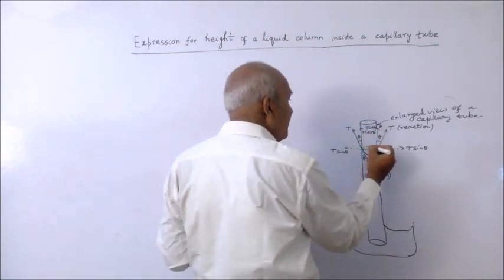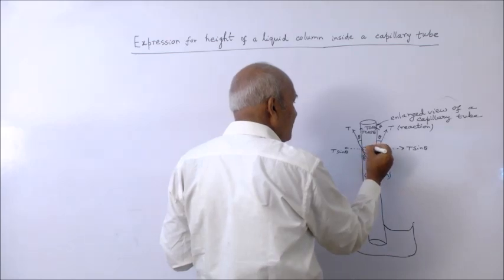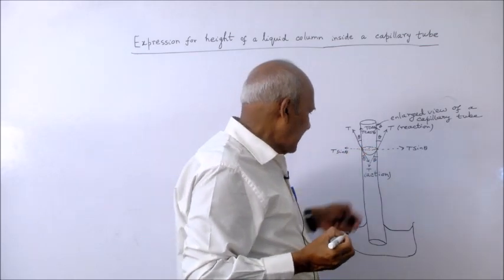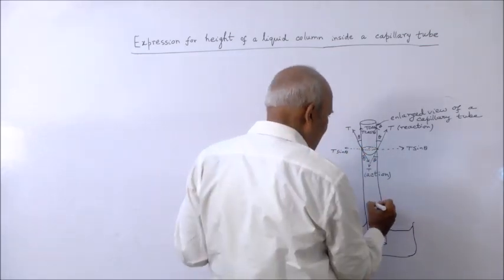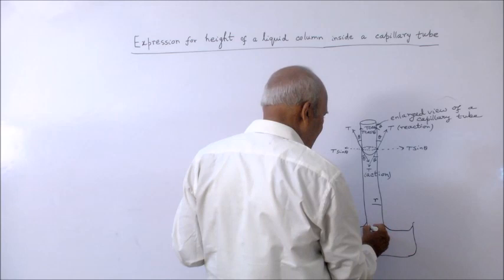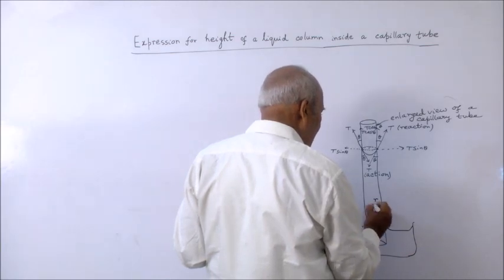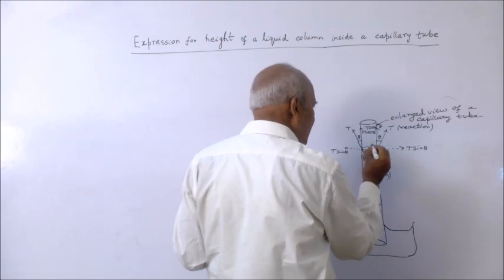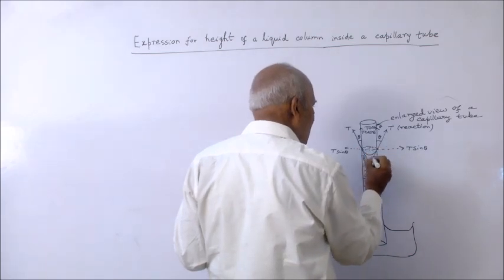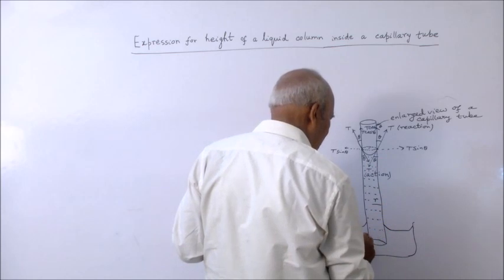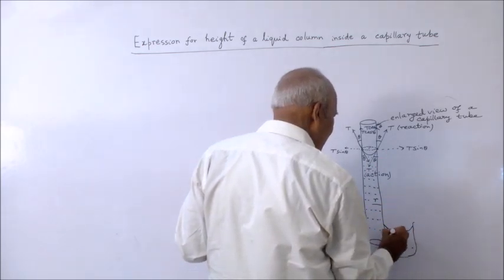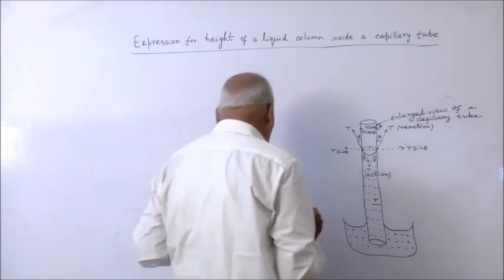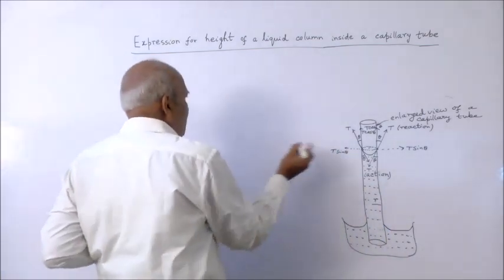And how many such T cos theta will be there? Because there is a circle of contact. Suppose the radius of the tube is r, then the circle of contact is 2 pi r, that is the length, and F by L is equal to T cos theta.